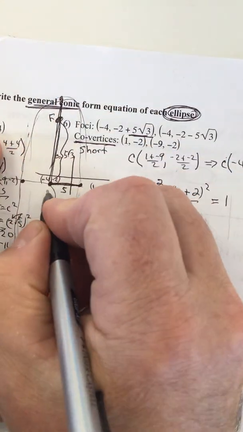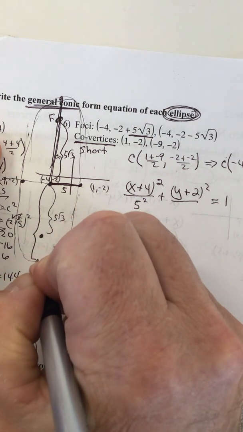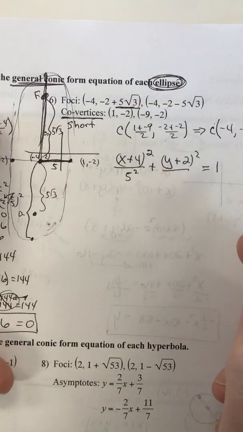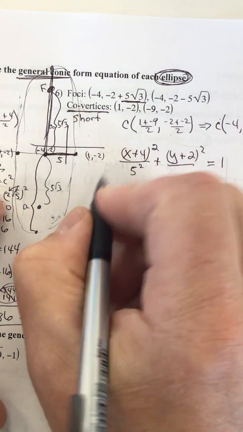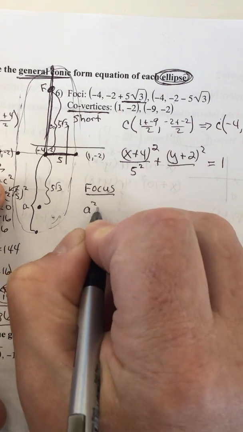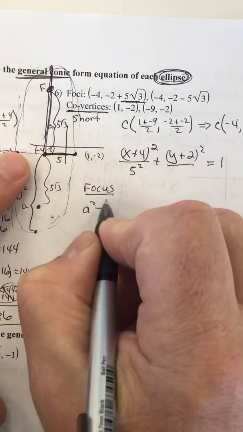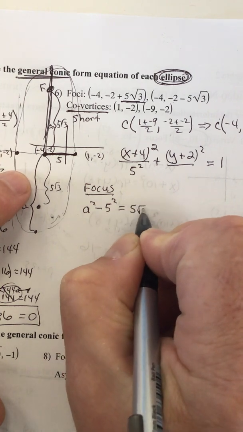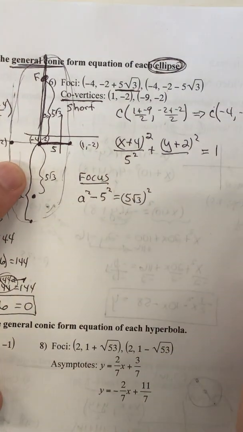Okay, and A is all the way. So that's what A is, and that's what we're missing. That's what's going to go right here. Okay, so we take the big one. So for the focus, we have A squared minus B squared, which is 5, equals C squared, which is 5 roots of 3 all squared.